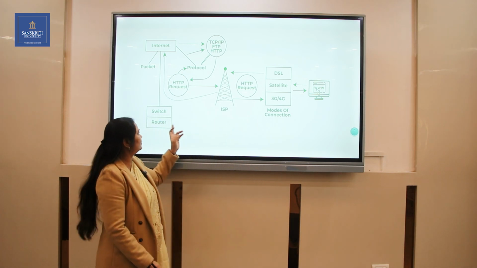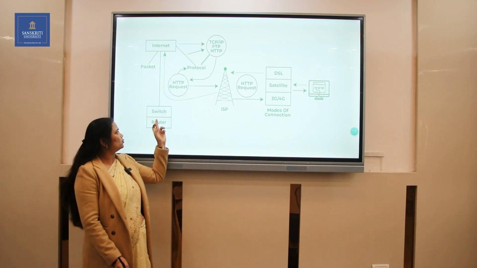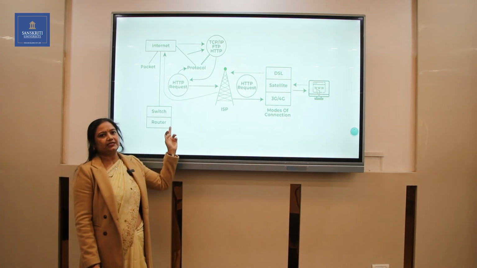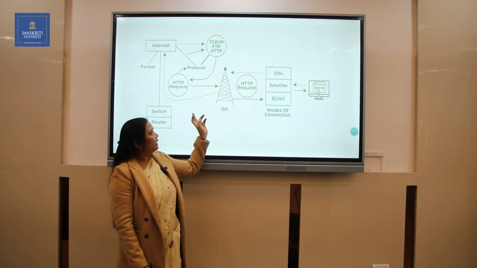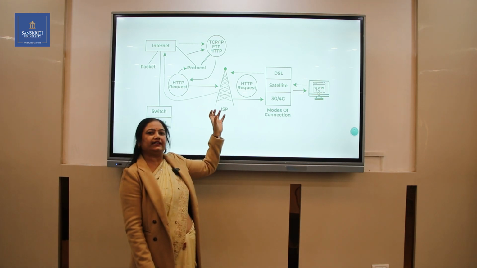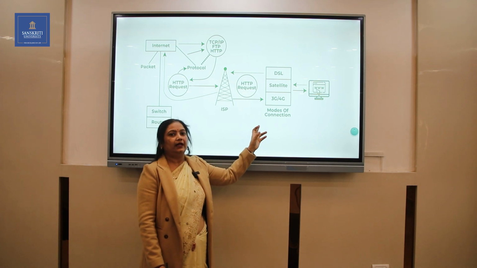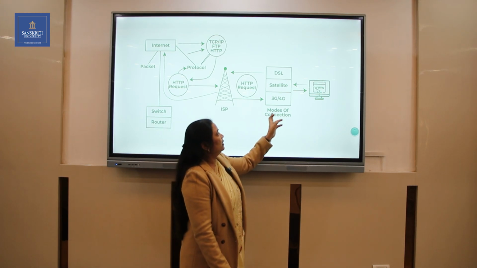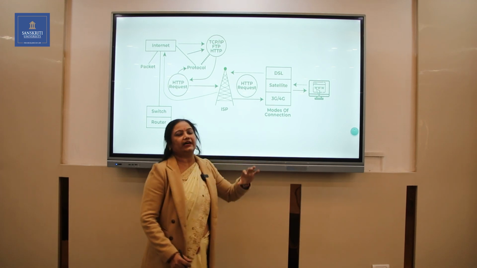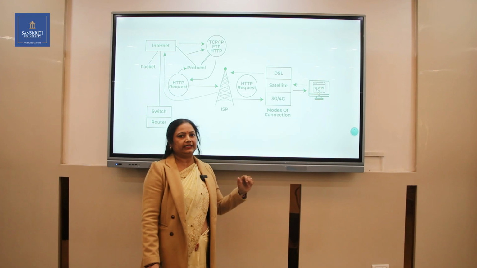It means when we have to access any kind of message through the switches and routers, we have to connect our device with the networks. And now we have to send a web address through which we connect with the internet service provider, and this is done with the help of modes of connection, in which we take any kind of request or data from the internet.